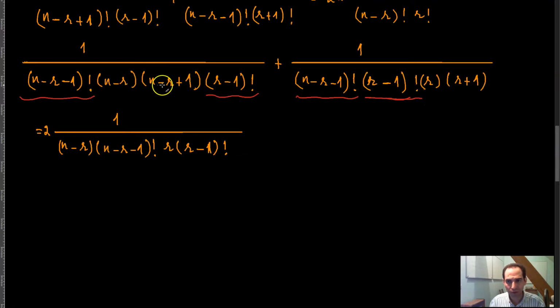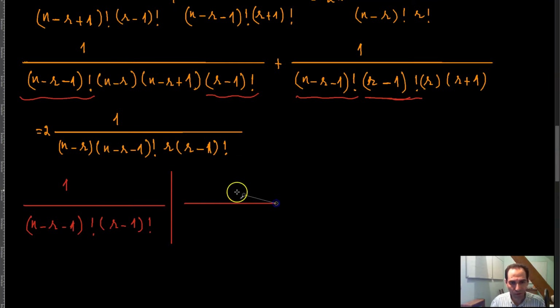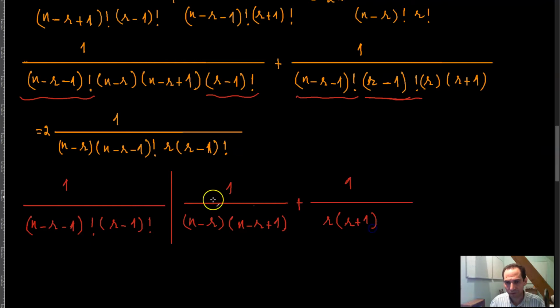And then over here you can take these out, meaning that you can write 1 over n minus r minus 1 factorial times r minus 1 factorial, times 1 over n minus r times n minus r plus 1, plus 1 over r times r plus 1.